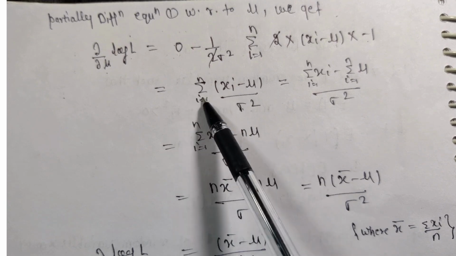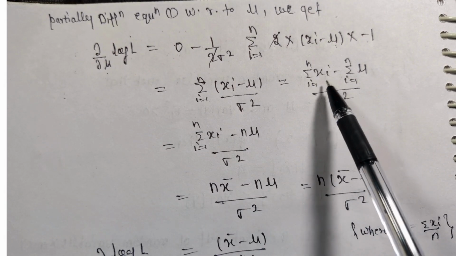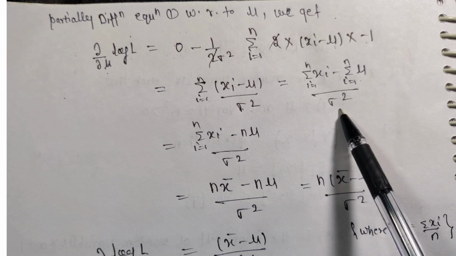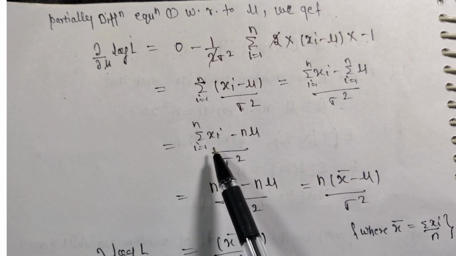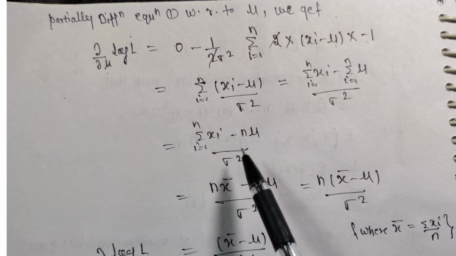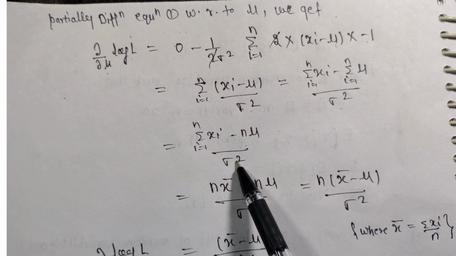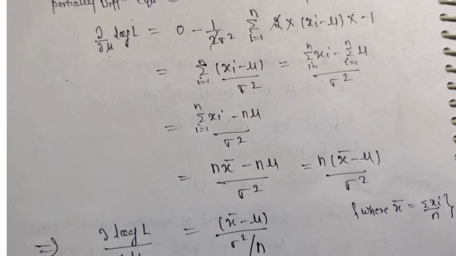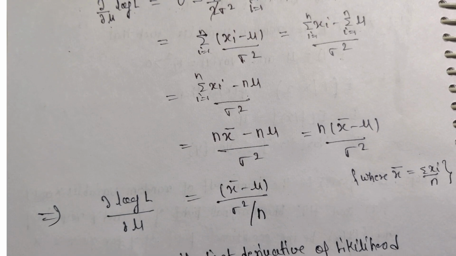Okay, then again we can take the summation inside: summation of xi minus summation of mu, upon sigma square. Then we can write the next step: summation of xi minus this quantity becomes n mu, upon sigma square, and we know that x bar is equal to summation of xi upon n.